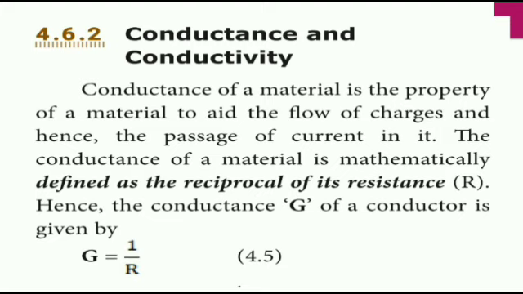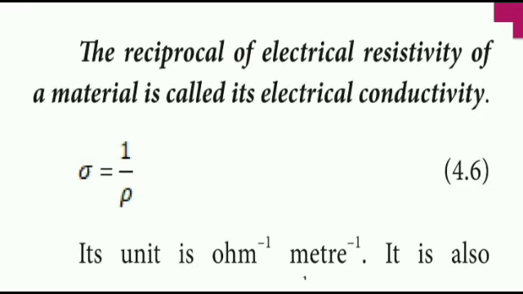It is mathematically defined as the reciprocal of its resistance. Conductance is denoted by G, so G is equal to 1 by R, where R is the resistance.